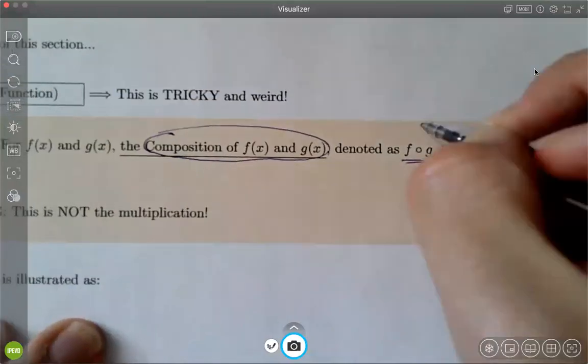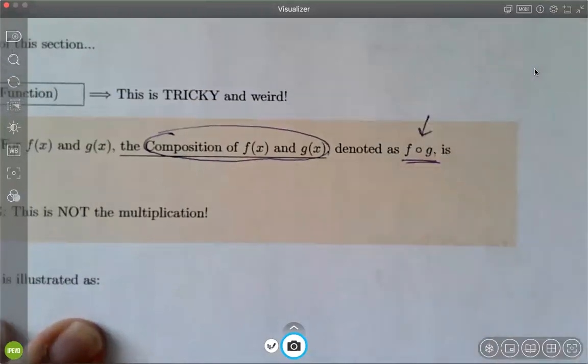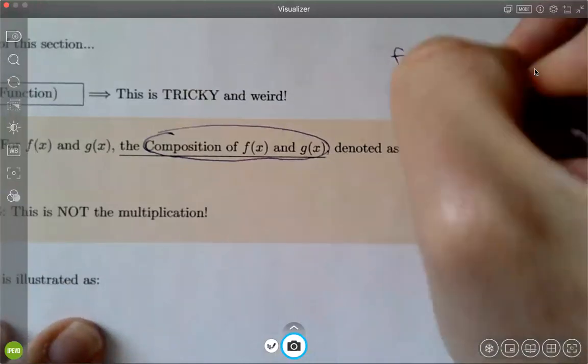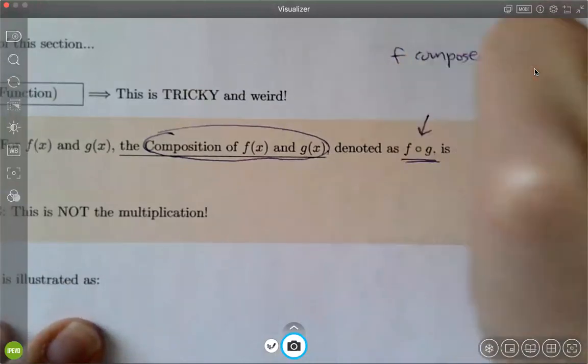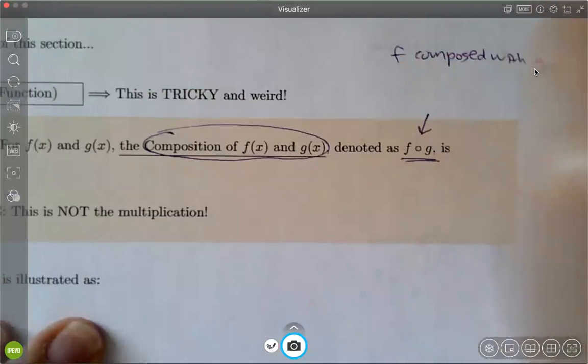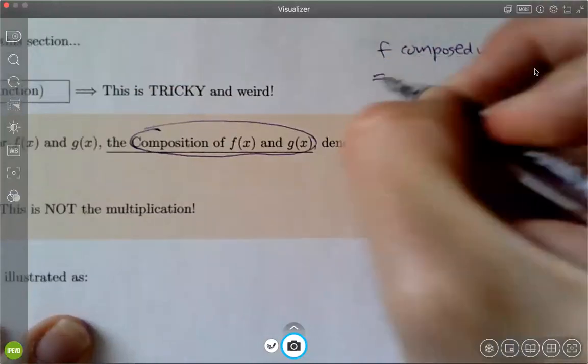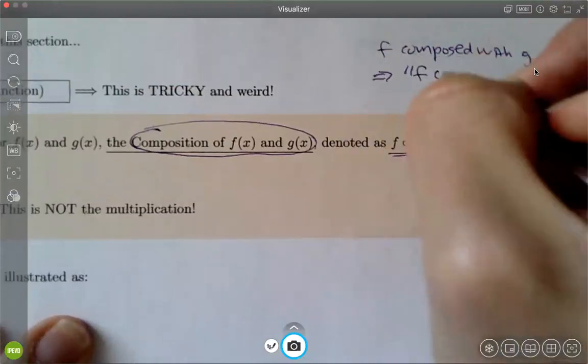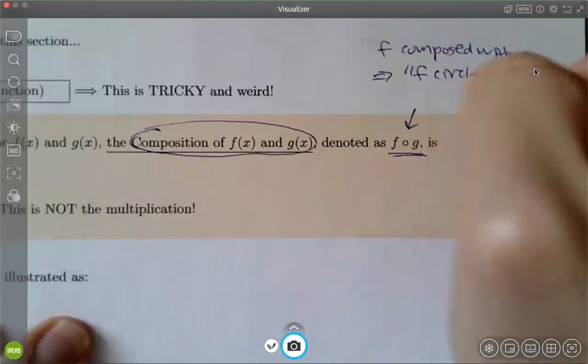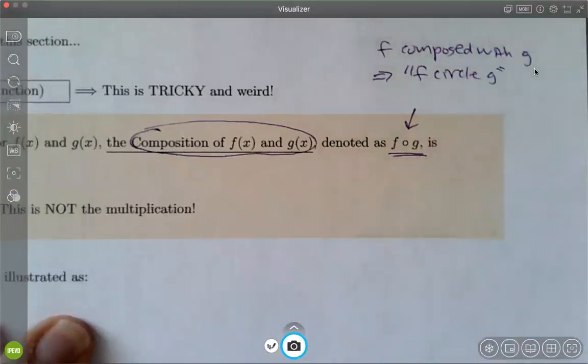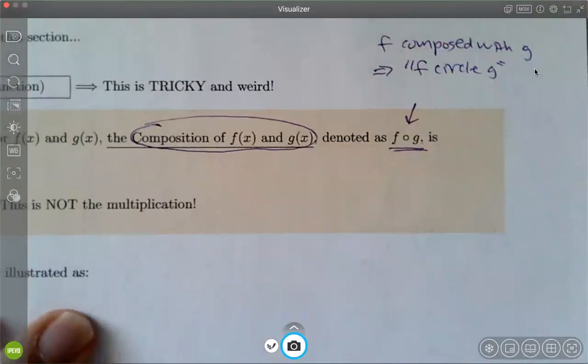So here, the formal pronunciation is f composed with g. But normally, people say, including myself, f circle g. But then some other people who are even lazier than me say fog. Okay, that's fine. Okay, fog.